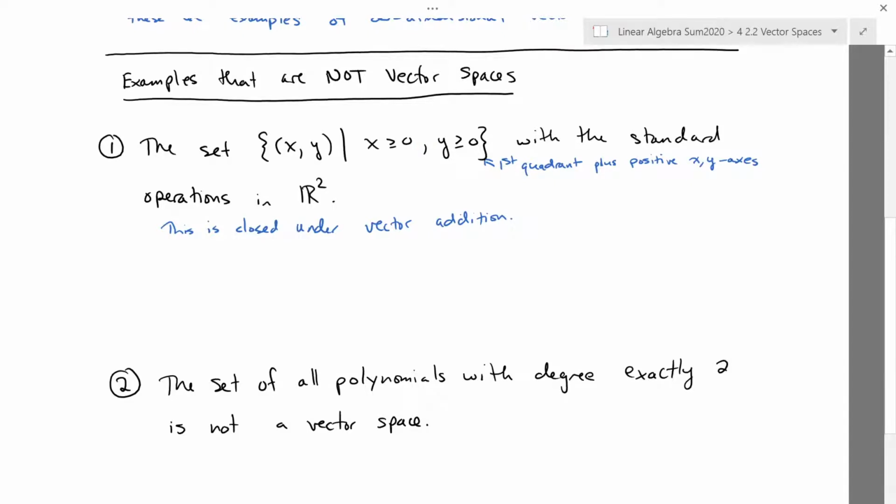Say if you take c to be, say, -2, and my vector v to be some vector in here, so let's say (2, 4).